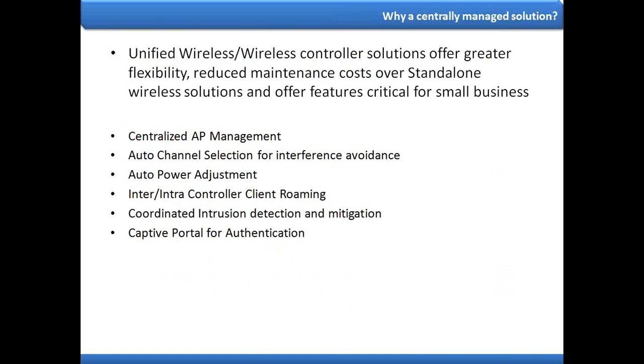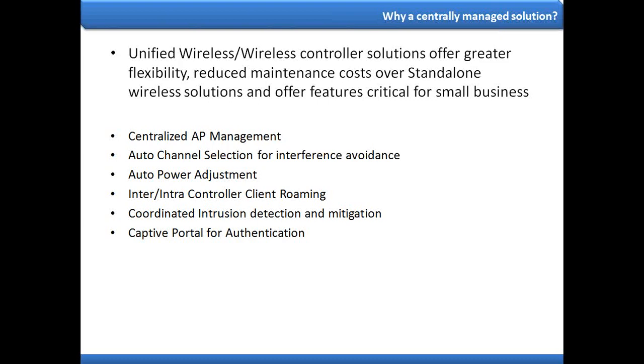So again, just to reiterate, the unified wireless controller solutions offer greater flexibility, reduced maintenance costs over a standalone wireless solution, and offer features critical for small businesses. These features include centrally managing your access points. Some of these other features include auto channel selection for interference avoidance, allowing my access points to automatically determine the most efficient channel to be broadcasting on.